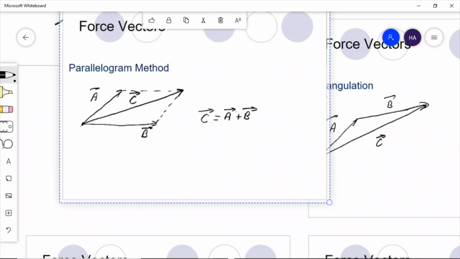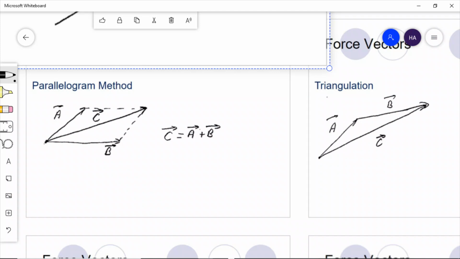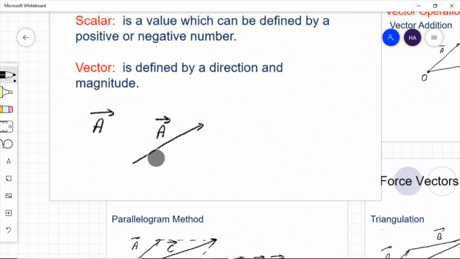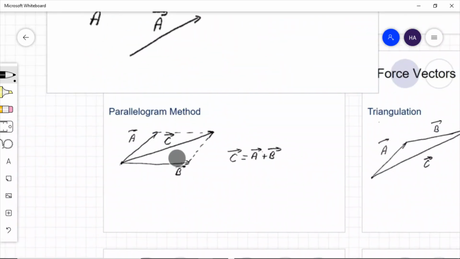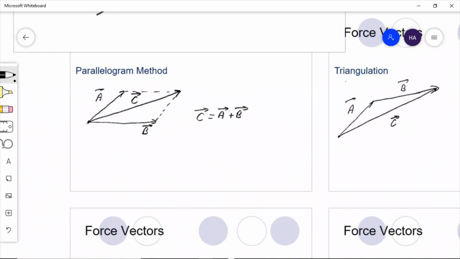First one is the parallelogram method. So what's the parallelogram method?